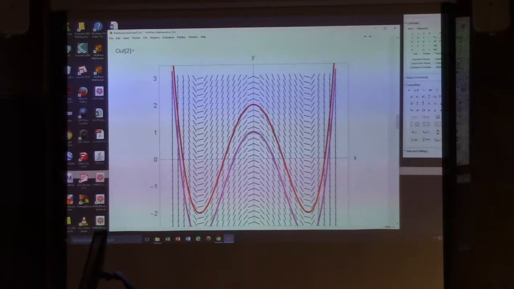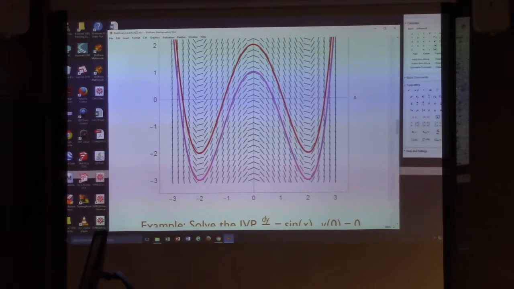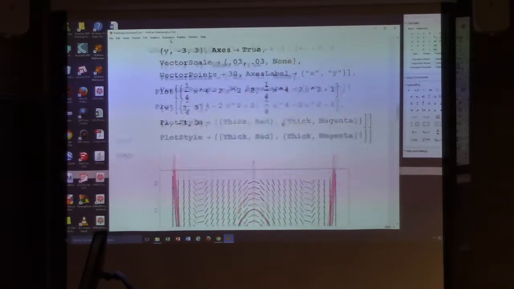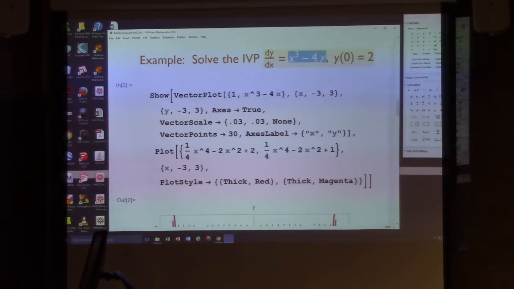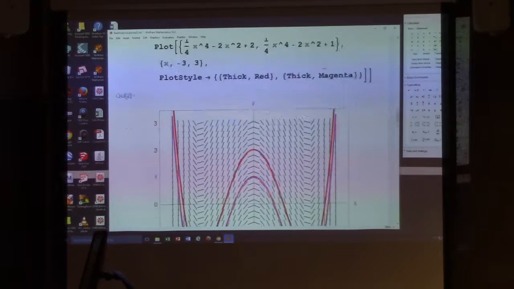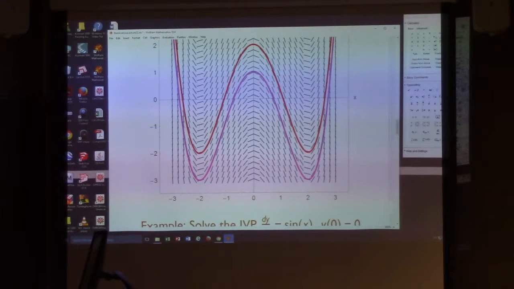For example, when x is 1, you can see the slope field has negative slopes along that vertical line. When you plug in x equals 1 into here, you get negative 3, 1 minus 4. Along the vertical line at x equals 1, all these little marks have slope of negative 3.